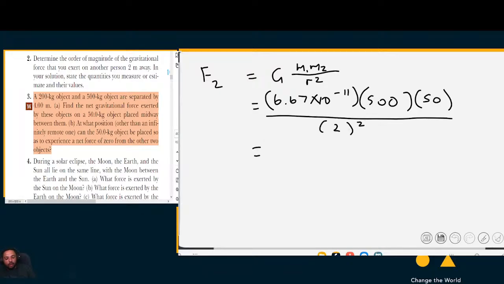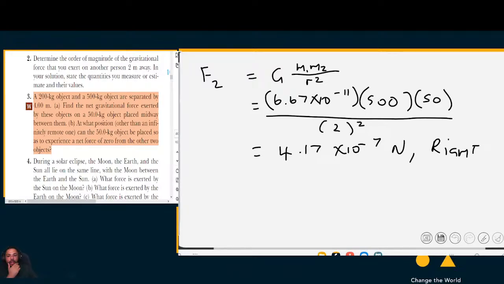You get an answer of 4.17 times 10 to the negative 7 newtons. See that these forces are of the same order of magnitude. And this one is towards the right. So we have a force towards the right and a force towards the left.